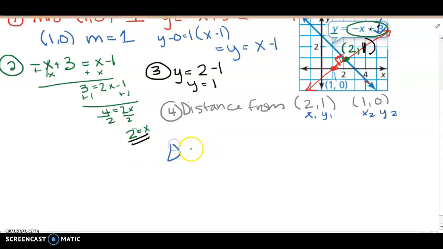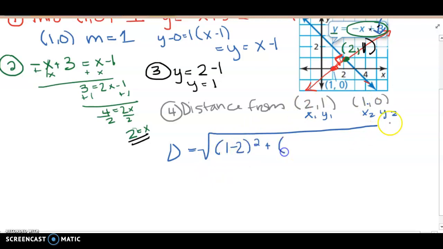We're just going to use the good old-fashioned distance formula. Okay, so it's x2 minus x1, so (1 minus 2) squared, plus (y2 minus y1) squared. If I simplify this, this is just (-1) squared plus (-1) squared.